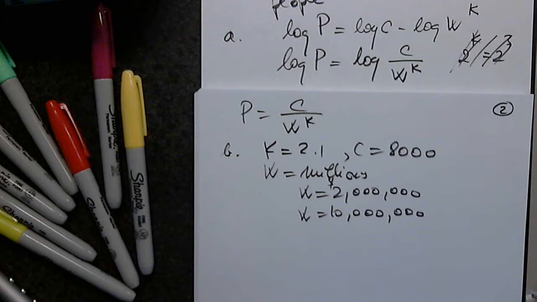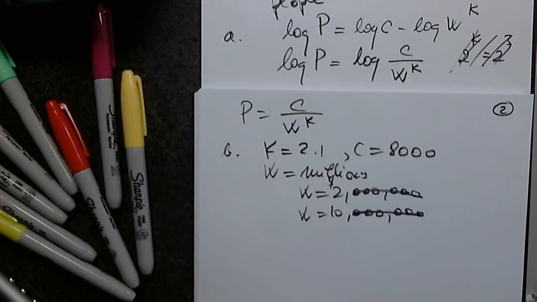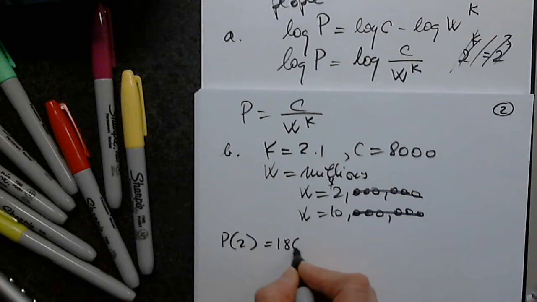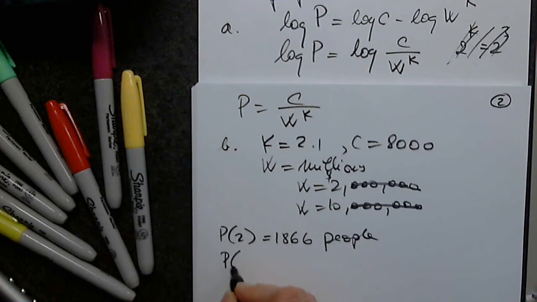Once I plugged in 2 million, I saw that the answer is 0.000000 people. It's obviously incorrect. So for 2 million, just the level, 2. So P of 2 is 1,866 people, and P of 10 is approximately 64 people.